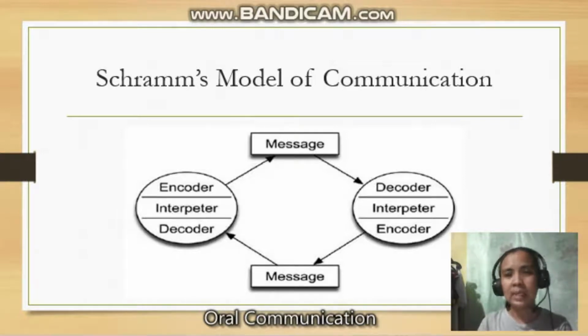So he said that in this model, encoding and decoding are two of the most important factors in having effective communication, without which there could never be information flow between two individuals.